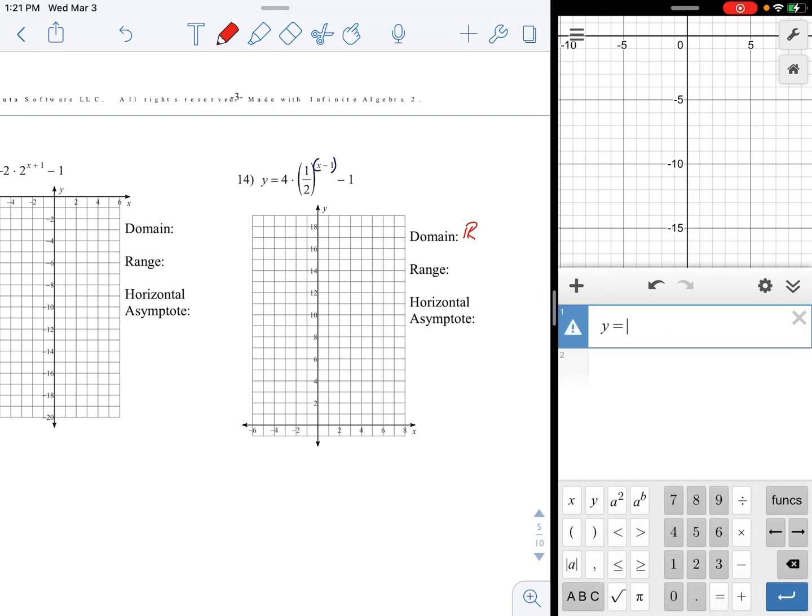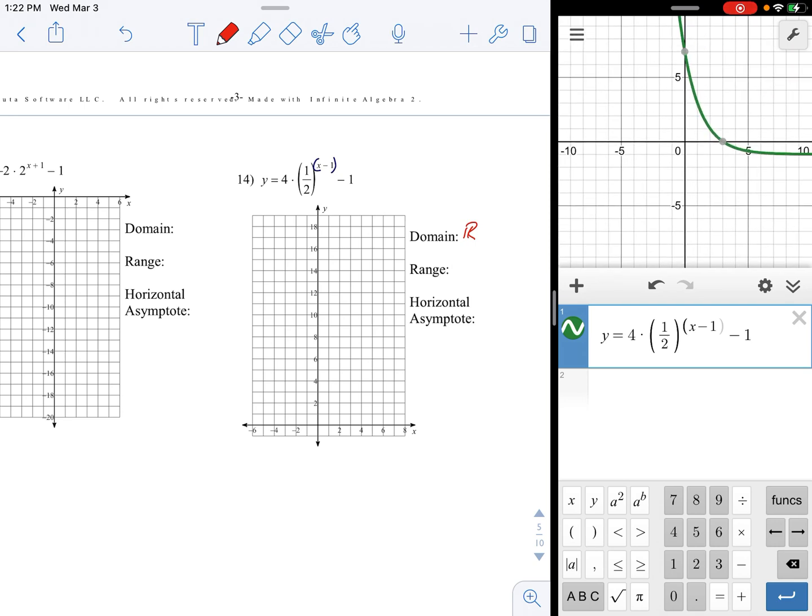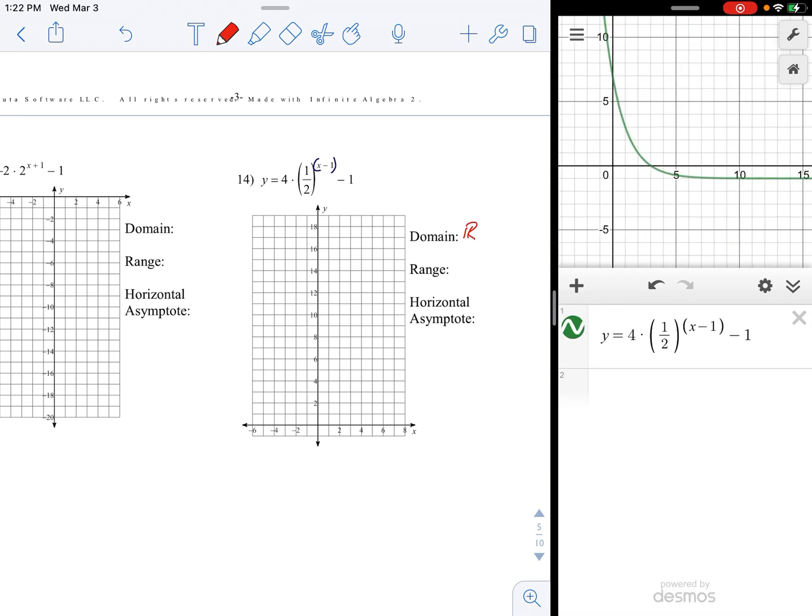Y equals 4 times parenthesis 1/2. Outside of the parenthesis, we want to raise it to the power, parenthesis x minus 1. Oop, not minus 1, but x minus 1. And down here, -1. Hit the home button, and this is our graph. The horizontal asymptote.